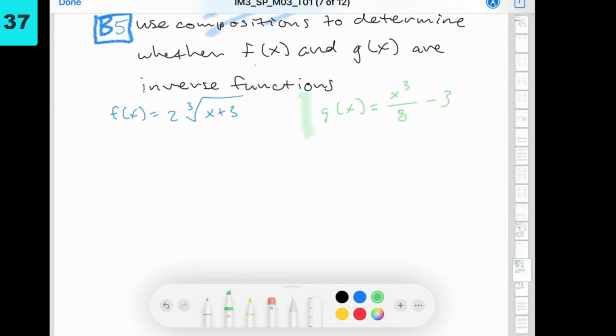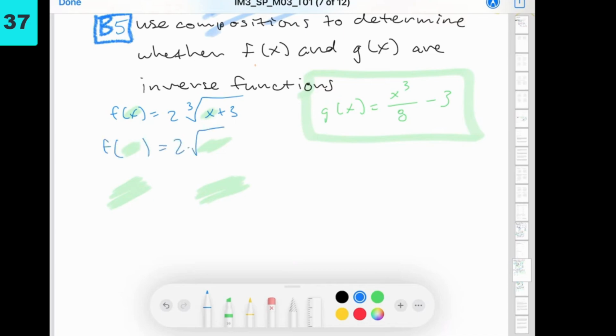Let's take this one, g of x, and we're going to write that for every x value. And you're kind of doing that twice, so I'm going to give more space. So f of g of x is 2 times the cube root of g of x plus 3. Whoops, we weren't supposed to write that part.